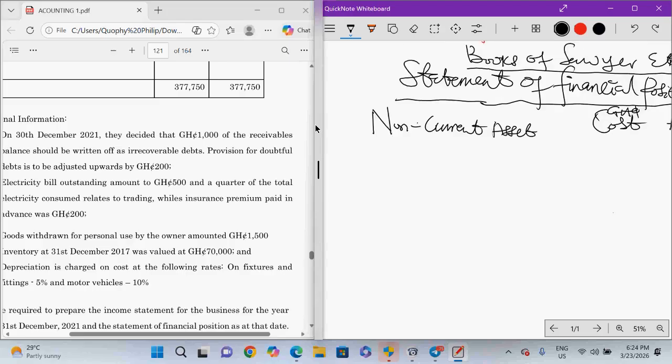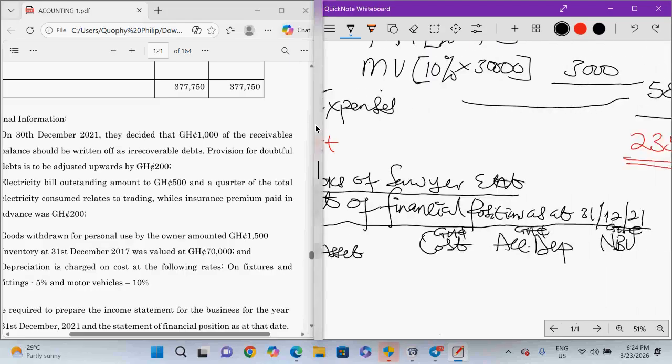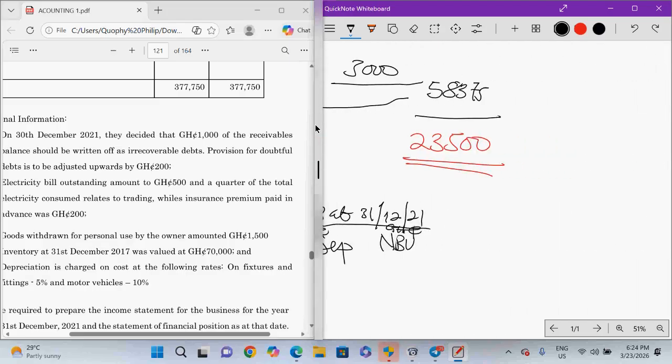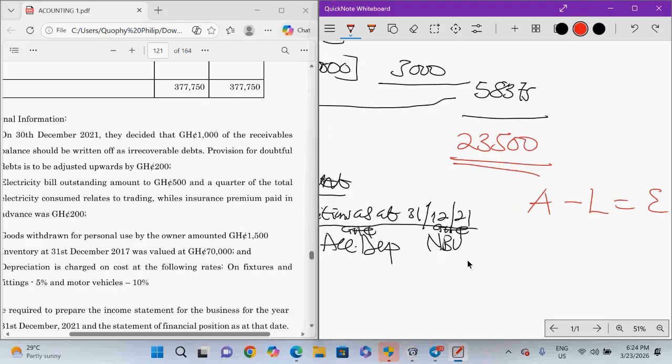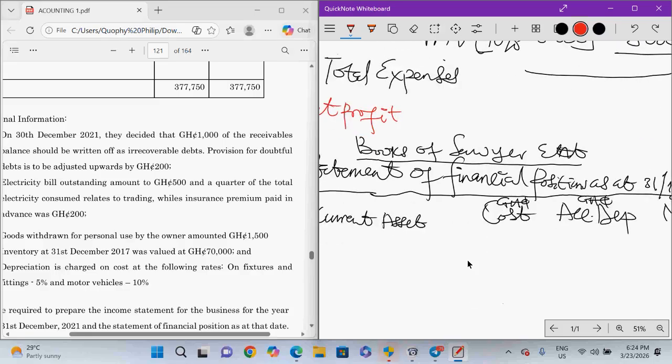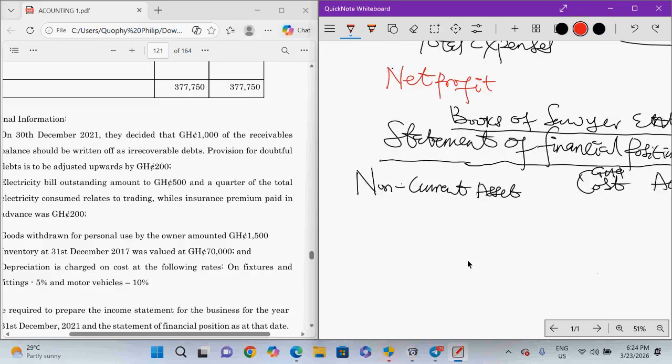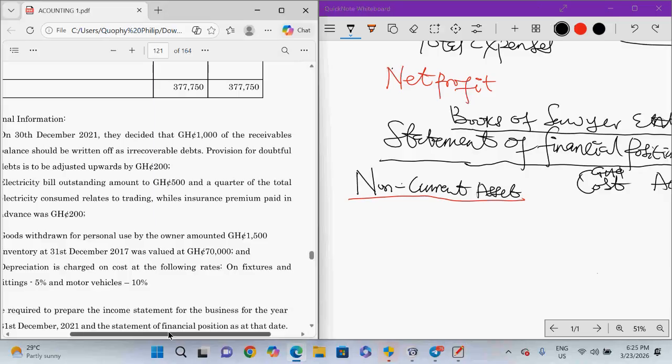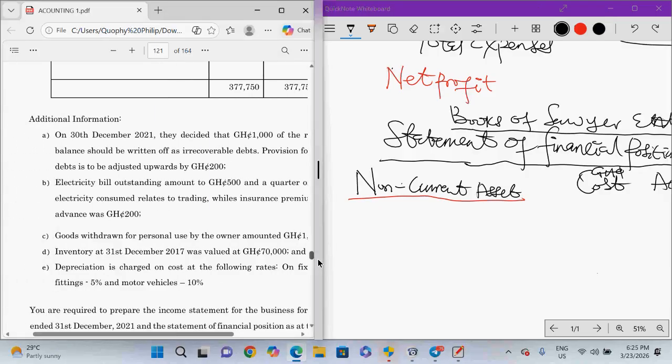I'm sure we already know the format. Other than that, I will say that asset minus liability is equal to equity, and I've already expatiated on that. So we are having our non-current assets. What are the items under the non-current assets? Building. Where are you?